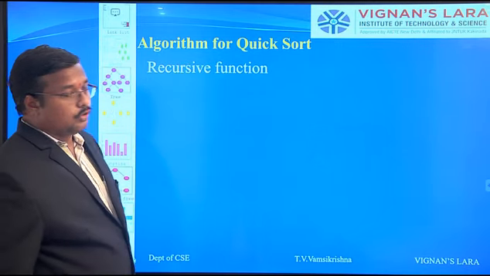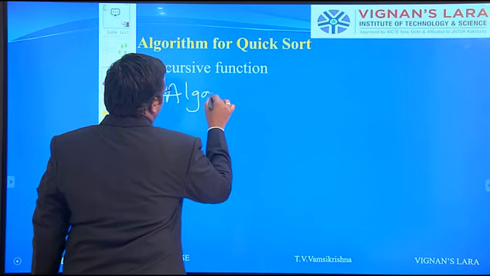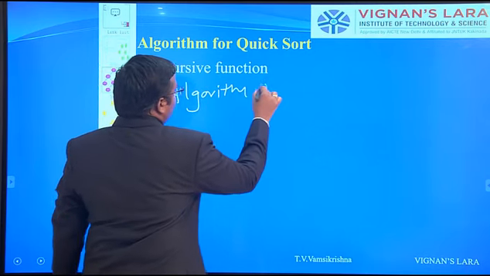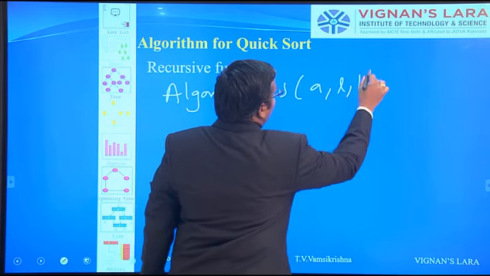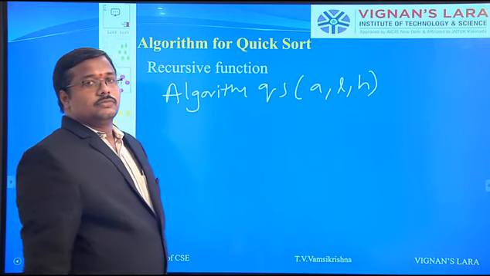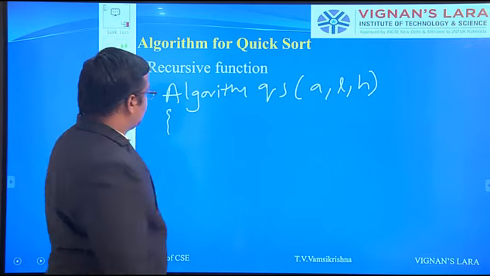And next we go for the recursive function. So in the recursive function, algorithm quicksort, here A, L, H. It's a very simple thing.